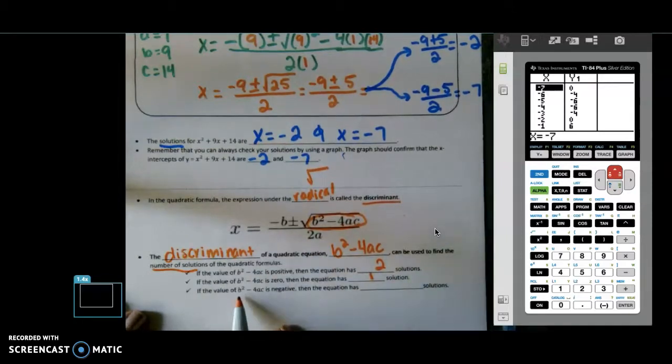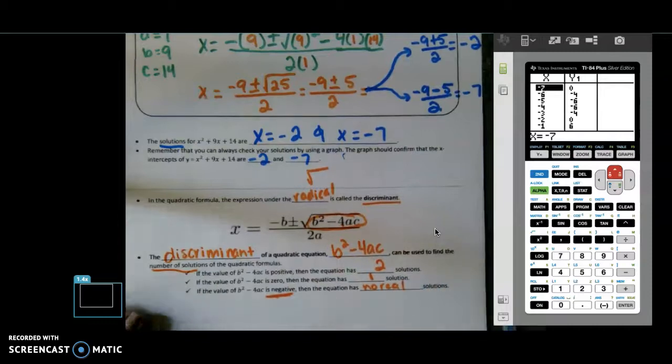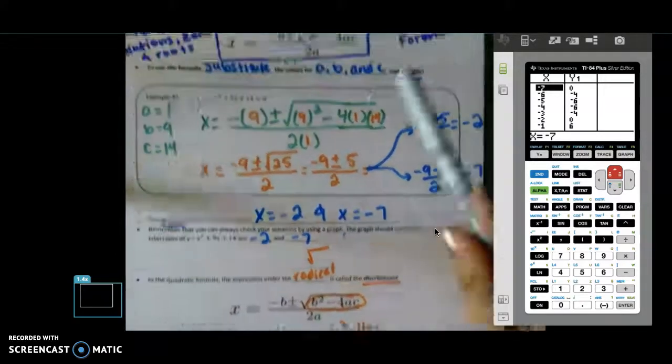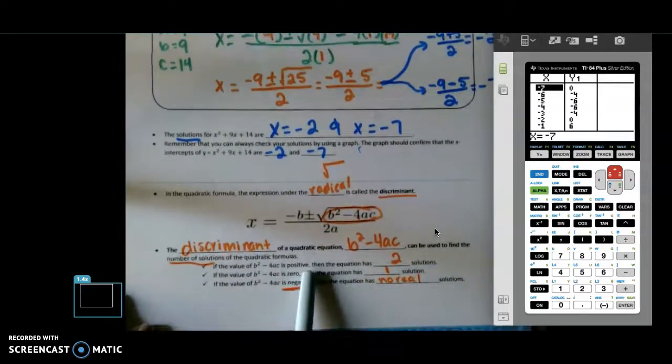And if the value of b squared minus 4ac is negative, it's going to have no real solutions. That should sound very familiar to you guys. So basically here, since this was positive, the equation is going to have 2 solutions. I want you to try some examples of what I mean by that.